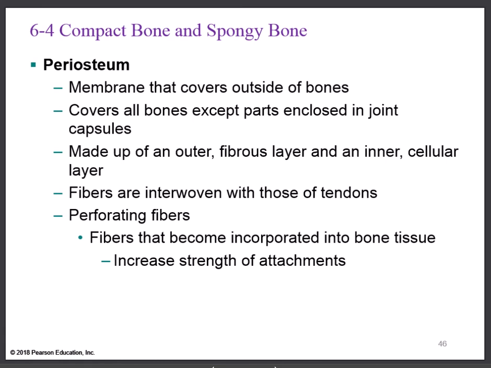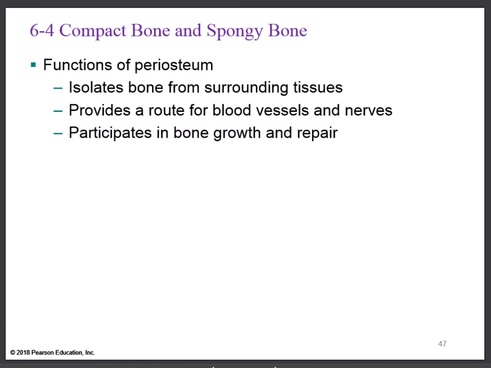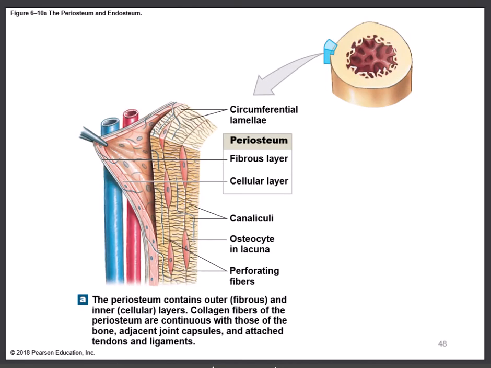And if we were to dissect it, we would see that there is an outer fibrous layer and an inner cellular layer. So what they did here is they take the periosteum, all of this is the periosteum, and they peel it away from the bone. You can see here's the circumferential lamellae. If you remember, the circumferential lamellae are on the outside of the bone. So they peeled it away.